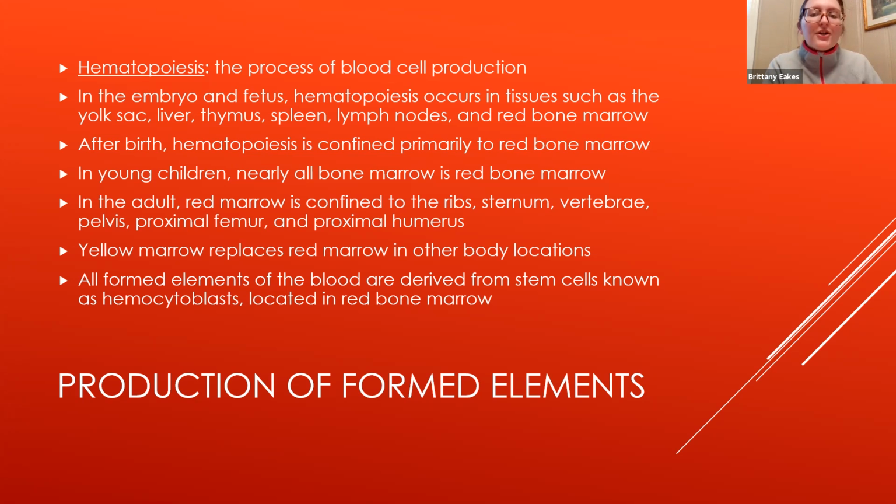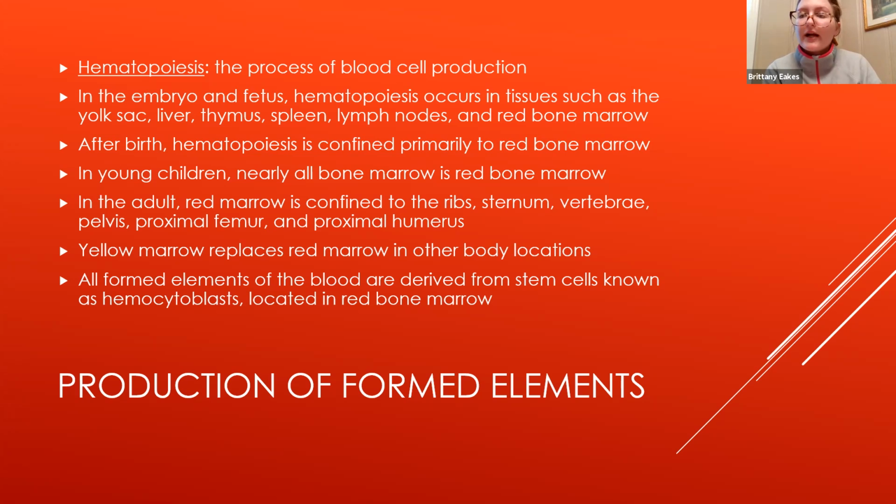Okay, in the adult, the red marrow is confined to the ribs, the sternum, the vertebrae, the pelvis, the proximal femur, which is the end closest to the point of attachment to your hip, and the proximal humerus, which is the part of your arm closest to your shoulder. Eventually, as you grow and develop, yellow marrow replaces red marrow in all the other body locations.